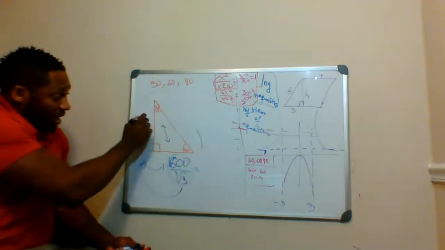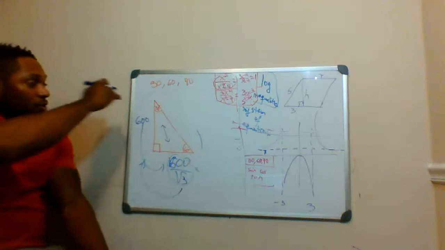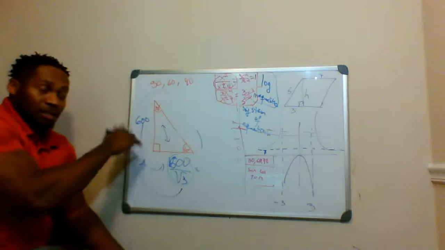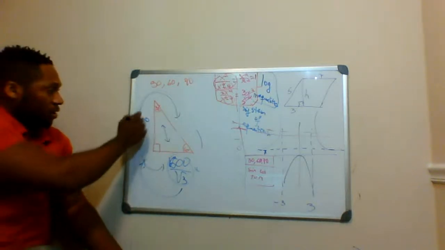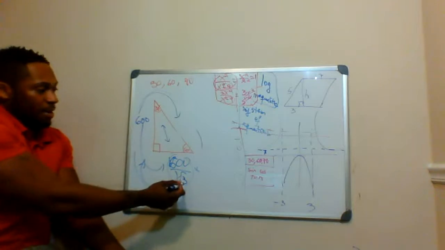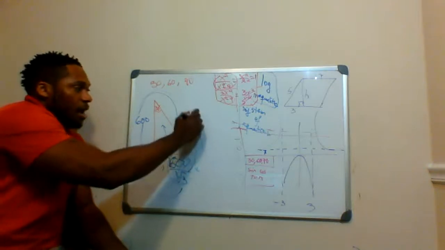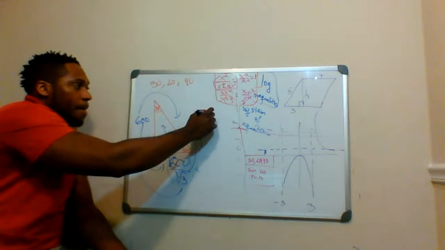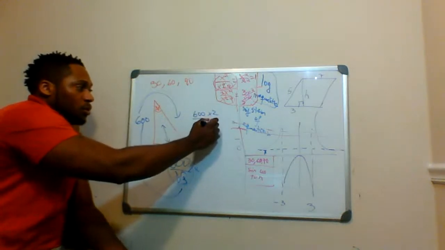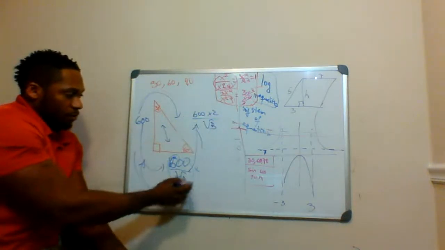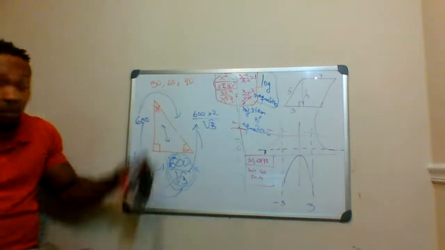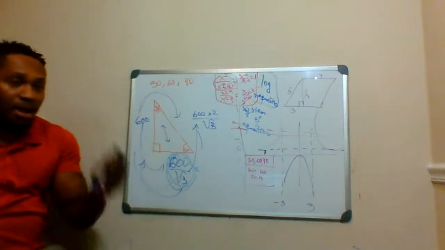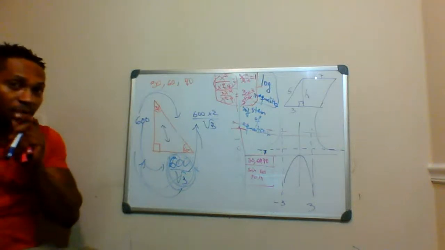Going from here to here, I divide by square root of 3, and from here I multiply whatever I had by 2. Try to always go back to the smaller side of the triangle, the one opposite the 30-degree angle. I hope that makes sense, and if it doesn't, we can do something else.